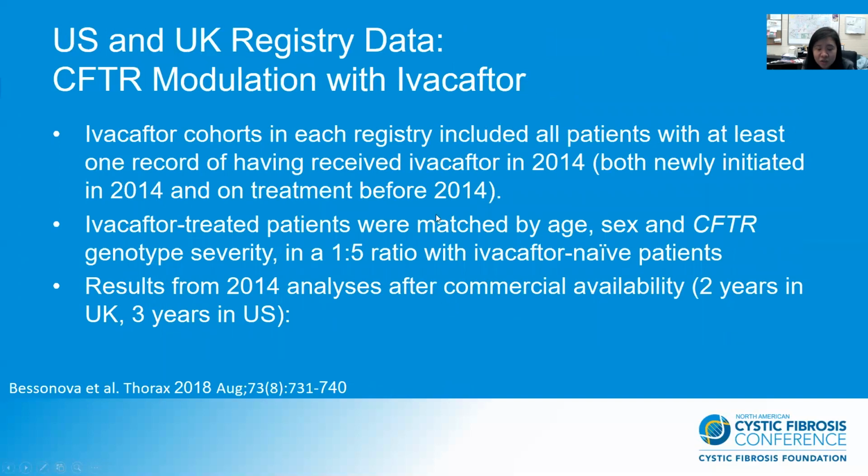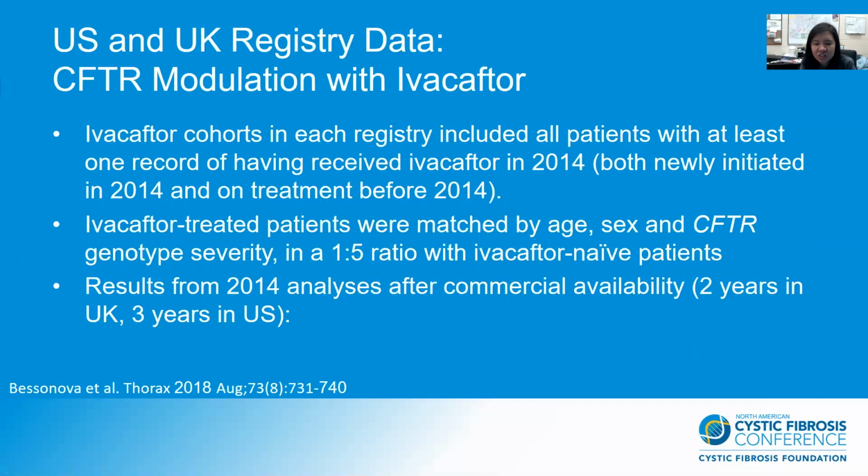So the ivacaftor cohorts included all patients with at least one record of having received ivacaftor treatment, sometime during 2014 or before. And those patients were matched by age, sex, and severity of CFTR genotype in a 1:5 ratio with ivacaftor naive patients to form the comparator.